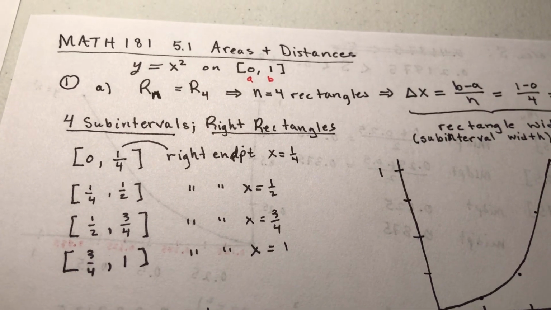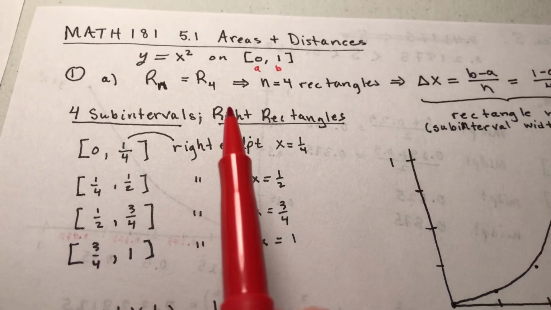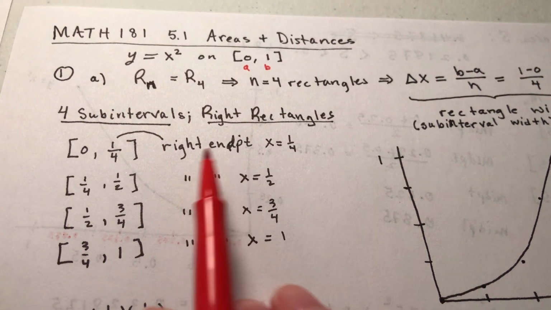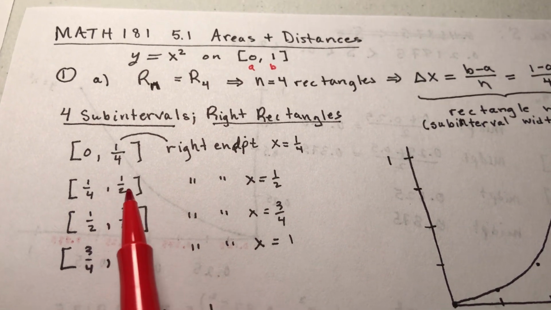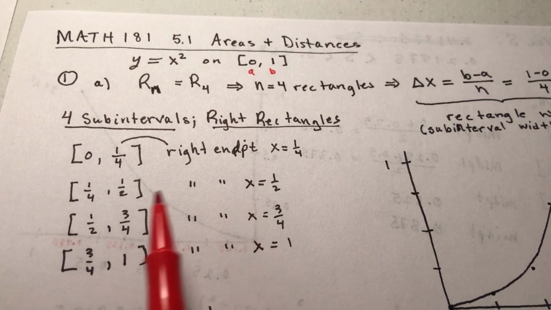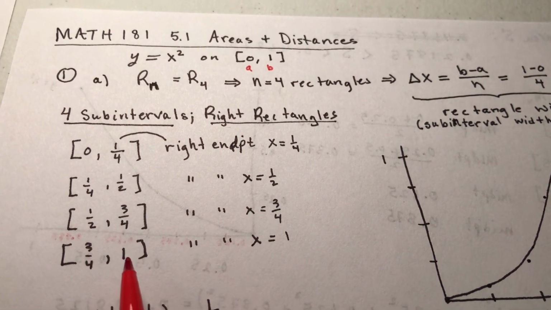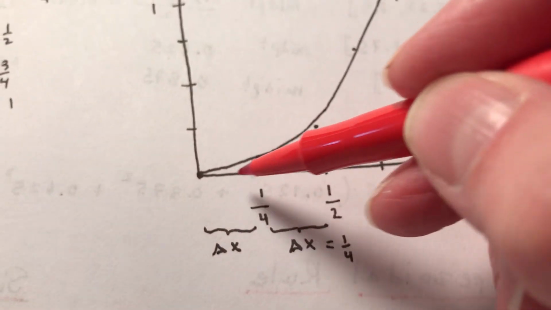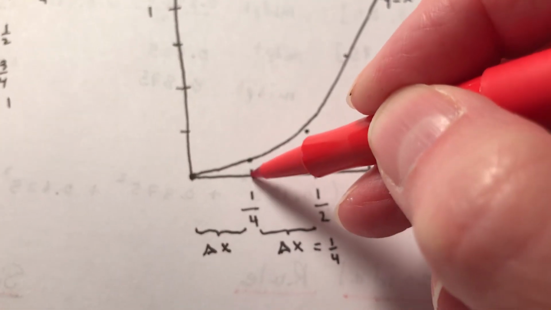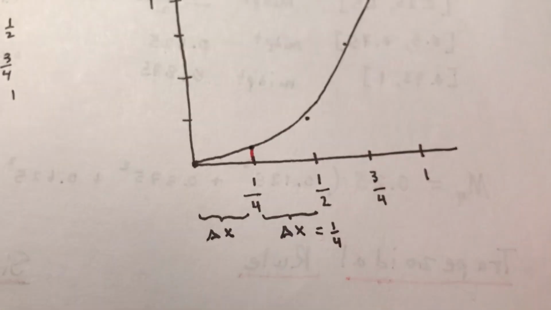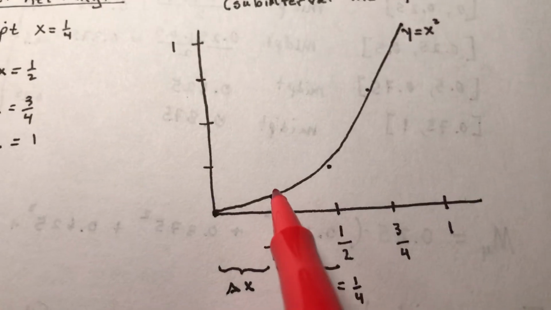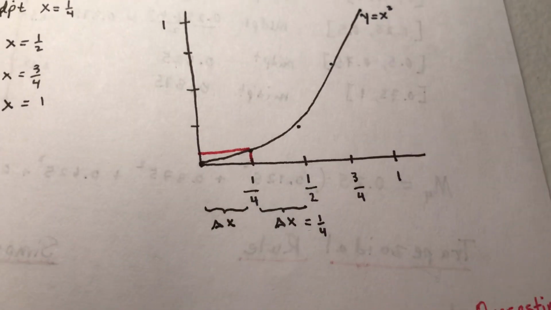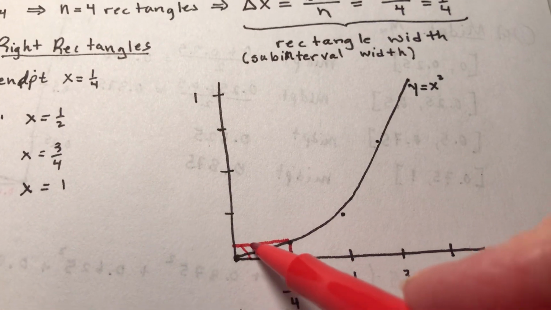What we're going to do is choose the right endpoint for the right rectangles. The right endpoint here is 1/4, on this one it's 1/2, then 3/4 here and 1 here. That means on each subinterval we use the right endpoint, go up from it to the curve, and draw a rectangle.